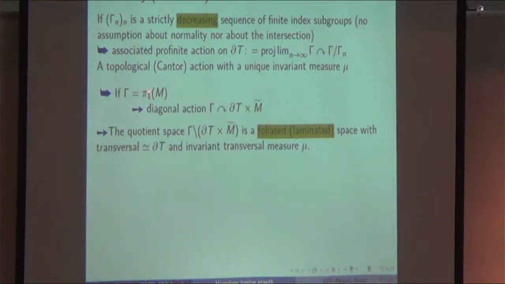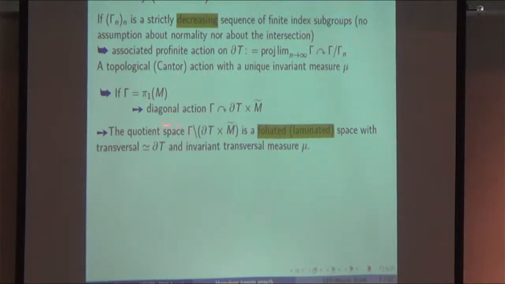If gamma is the fundamental group, let's say, of some complex or of a manifold, then you can consider the diagonal action of gamma on the universal cover and on this Cantor space. So you consider the diagonal action on the Cantor set times the universal cover.